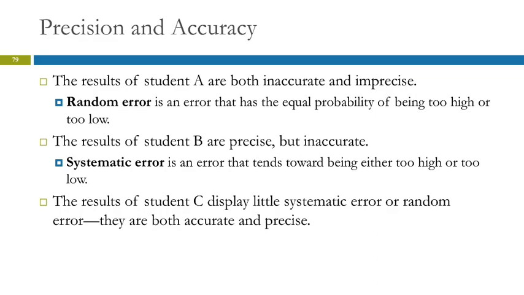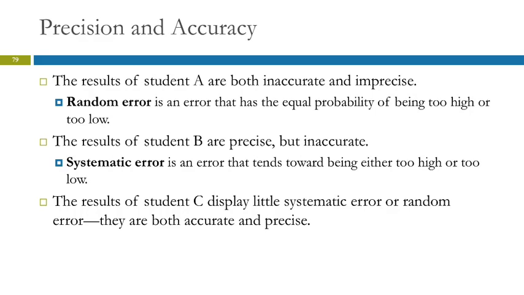And that's why we frequently make 3, 4, or even 5 repeated measurements, because we get better accuracy that way. The random error, which many times cannot be controlled, it's just going to be there, we can get rid of that by averaging.